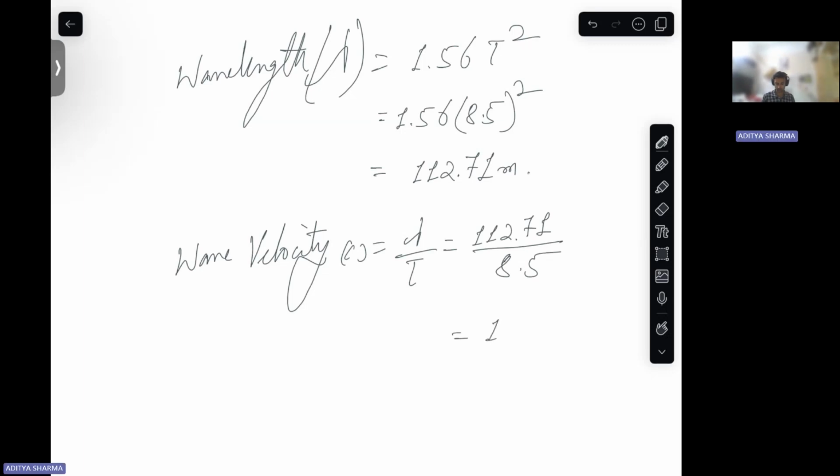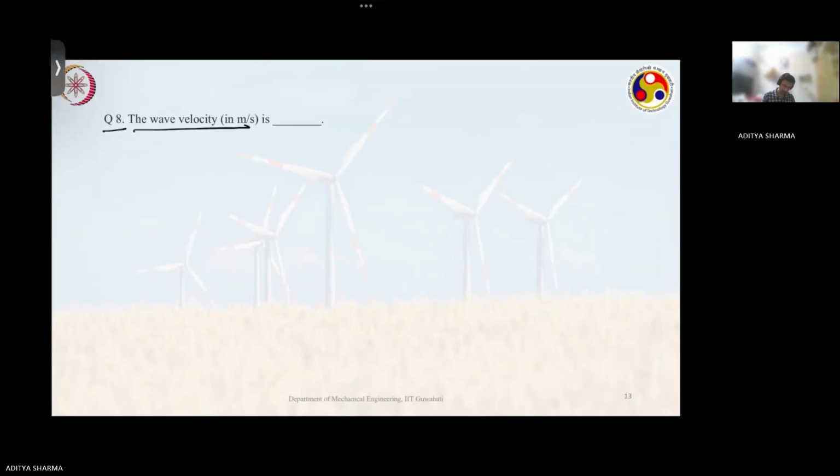If you calculate this, it will come out to be 13.26 meter per second. So this basically is your wave velocity.